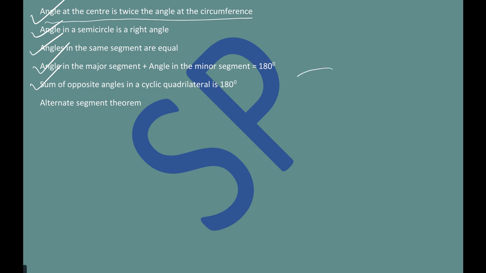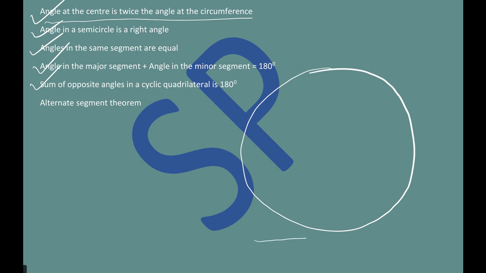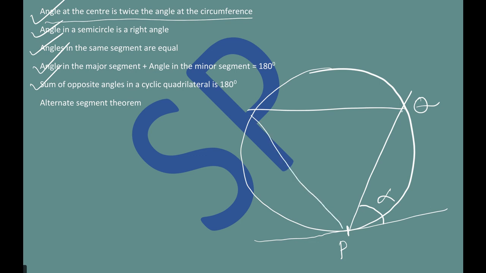And the alternate segment theorem. You see, suppose I have a tangent to the circle. Suppose the point of contact is P. Now I take a chord PQ here. If PQ makes an angle alpha with the tangent, then the angle subtended by PQ on the circumference is also alpha.